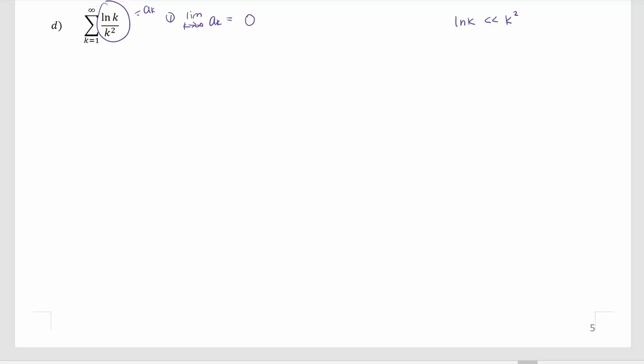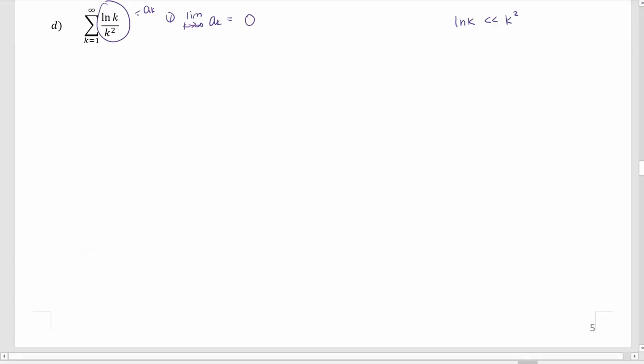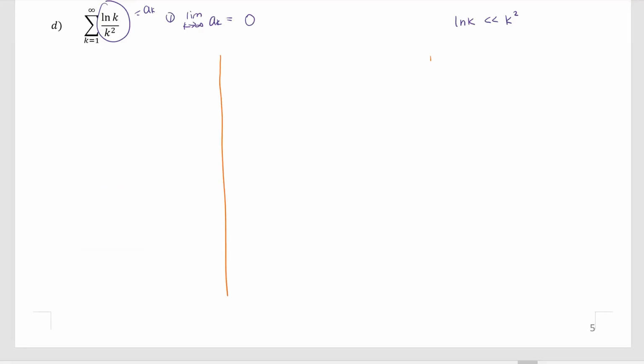So let's try to use the limit comparison test. This problem is actually quite interesting. First, what do we want to compare this series to?